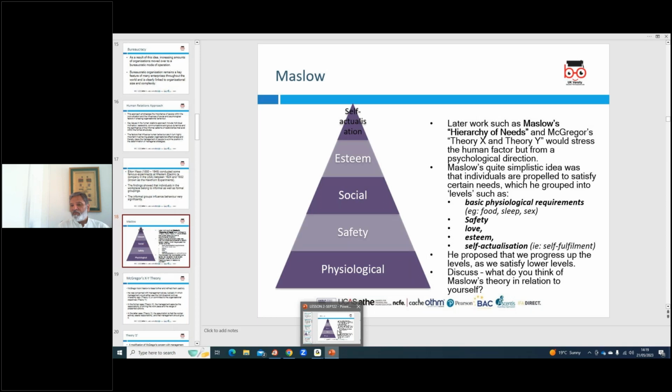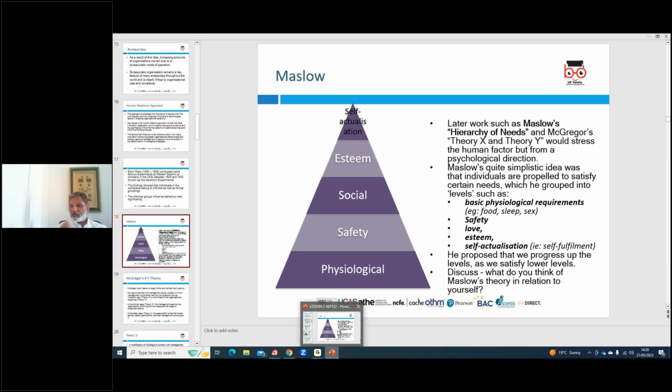So the lower levels of needs have been met, then the person's self-actualization needs have been achieved, and therefore there's nothing else to achieve. For example, once you have climbed the summit of Everest, there's no other height that you can climb onto. That's the self-actualization goal.